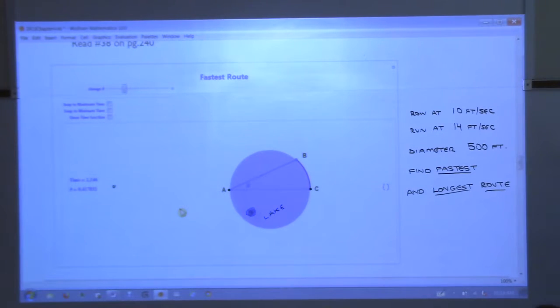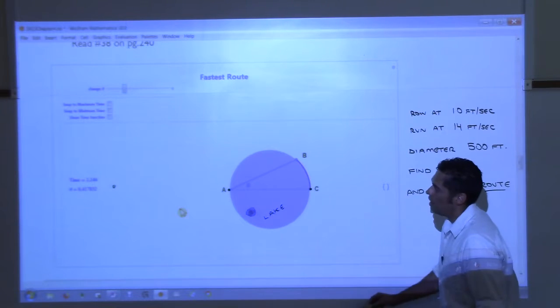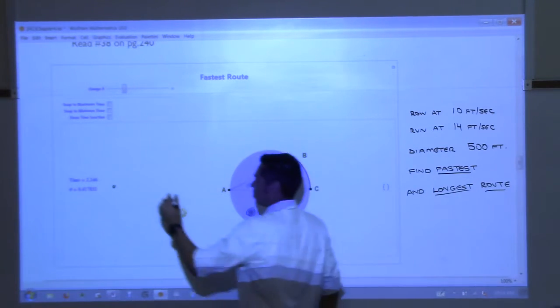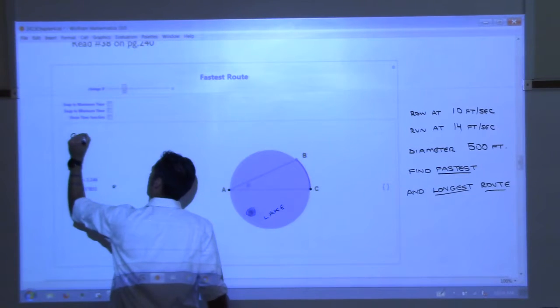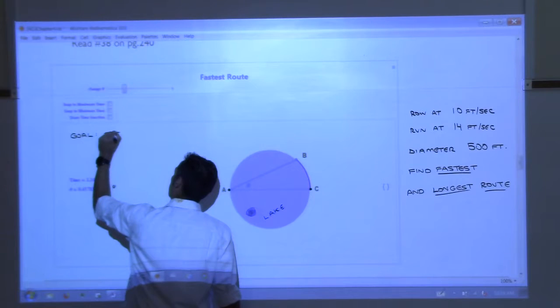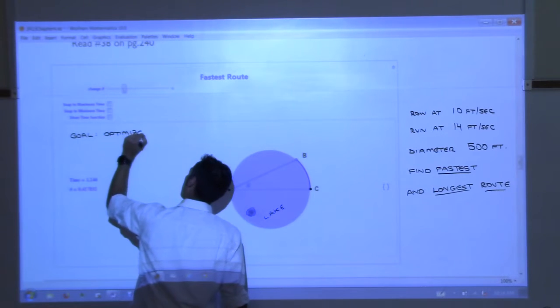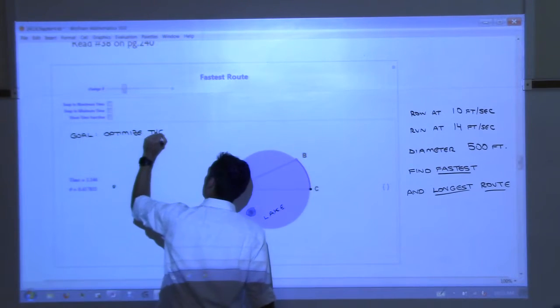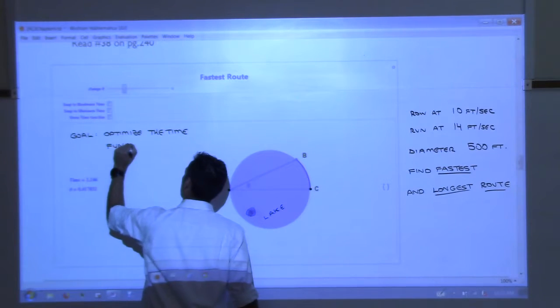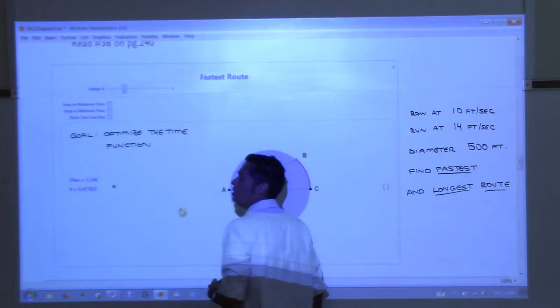Okay, so let's try and get a grasp on this. What we want to do here, our goal, is to optimize the time function. In your take-home test, you're optimizing the cost function, aren't you?